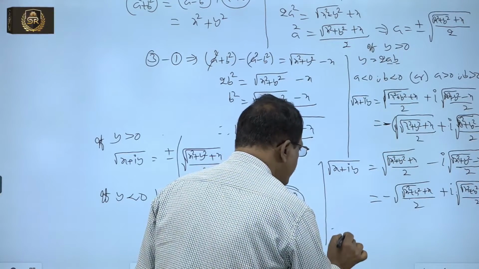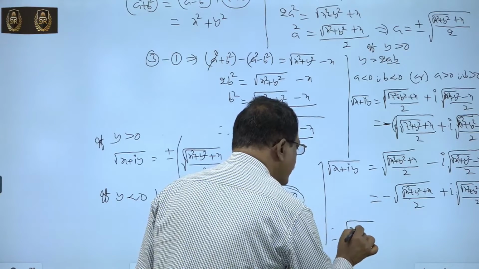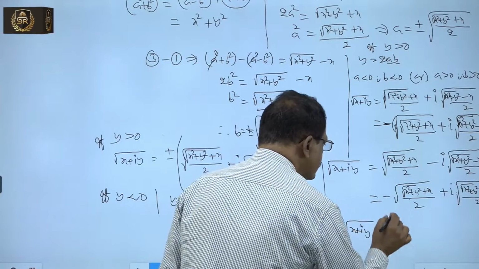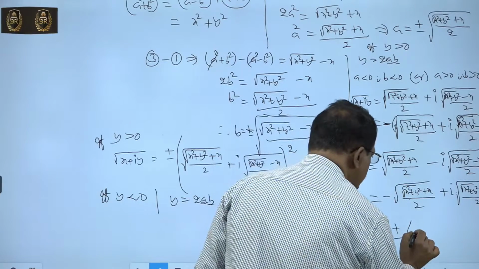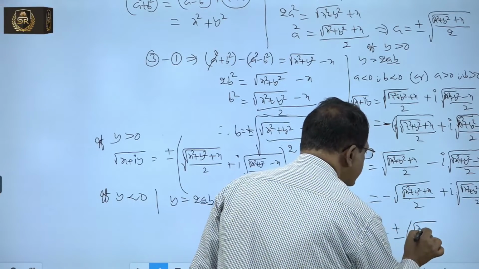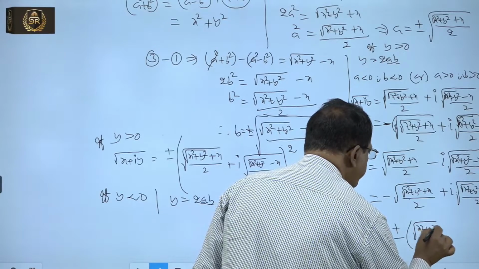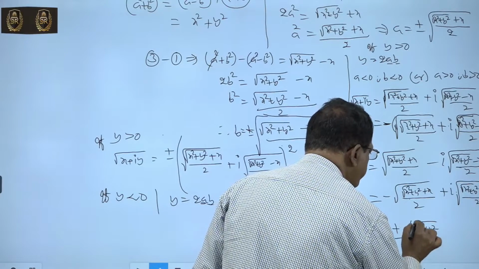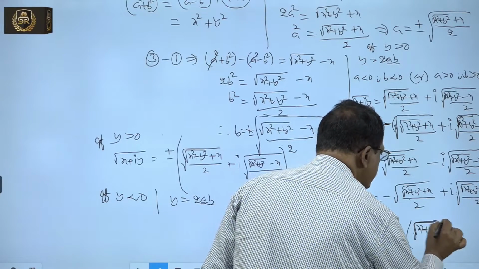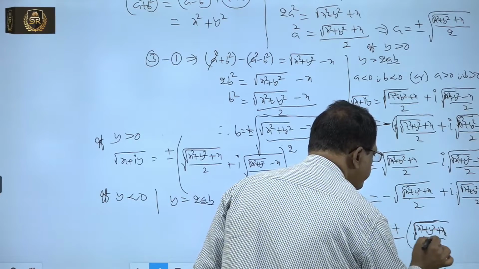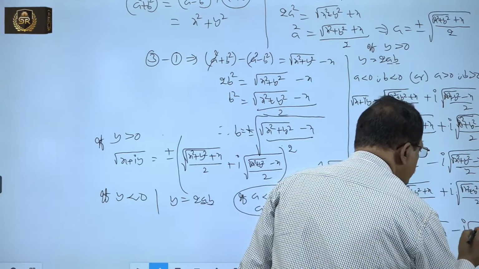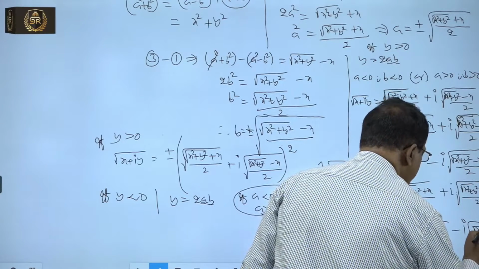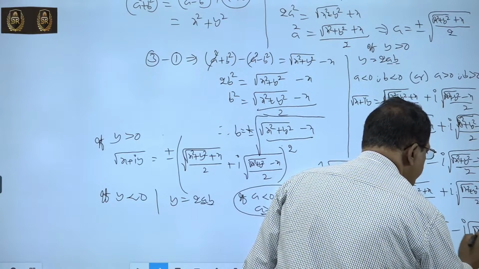Therefore, in that case, square root of x plus iy equals plus or minus square root of (square root of x square plus y square plus x) by 2 minus i into square root of (square root of x square plus y square minus x) by 2.